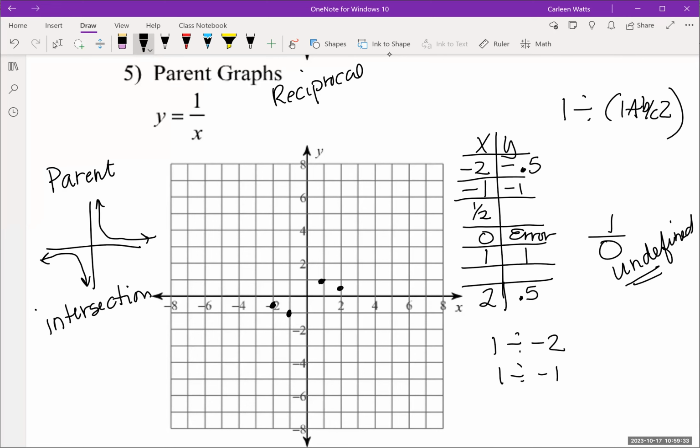So let's practice that. 1 divided by 1/2. So let's do this by hand. 1 divided by 1/2 is the same as 1 multiplied by the reciprocal, which equals 2. So, sorry, -1/2 gives me -2. +1/2 gives me +2.